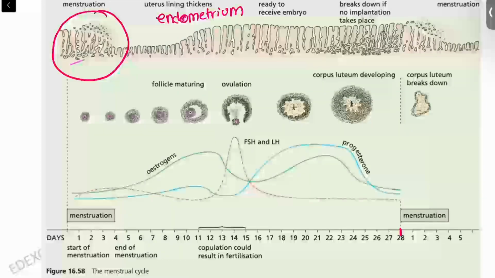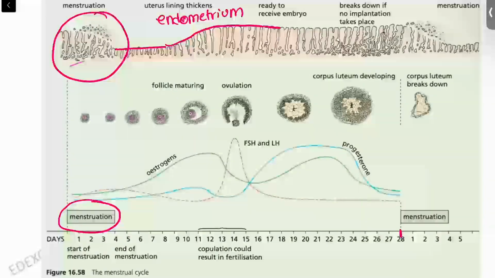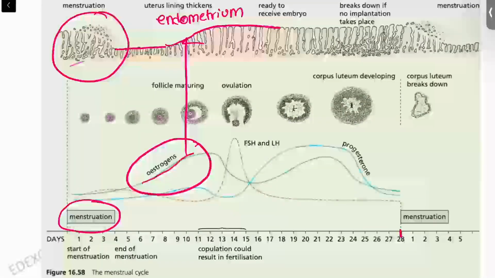You can use two terms to refer to the lining of the uterus: the endometrium, or simply the lining of the uterus. During the first 5 days, that is during menstruation, the lining breaks down and is shed. Thereafter, the lining is repaired. It becomes thicker again because of the action of estrogen. You can see estrogen is rising in the graph. When it rises, it causes the lining of the uterus to thicken.